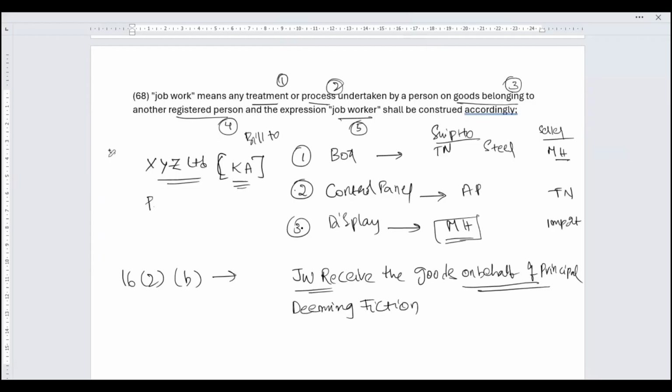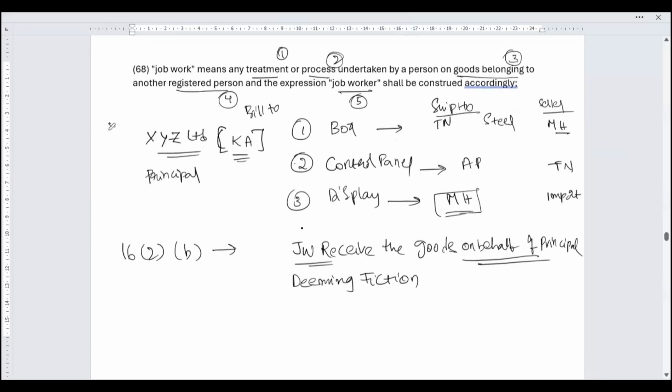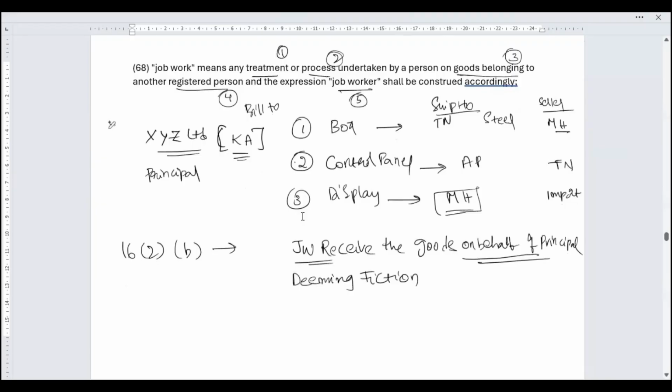I call him a principal. So the day the goods are received by the job worker, it is deemed that the goods are received by the principal. So if the job worker received on 5th April, I account on 5th April. This is where the deeming fiction comes into picture. Though physically goods are not coming to my site, they go to the site of my job worker.